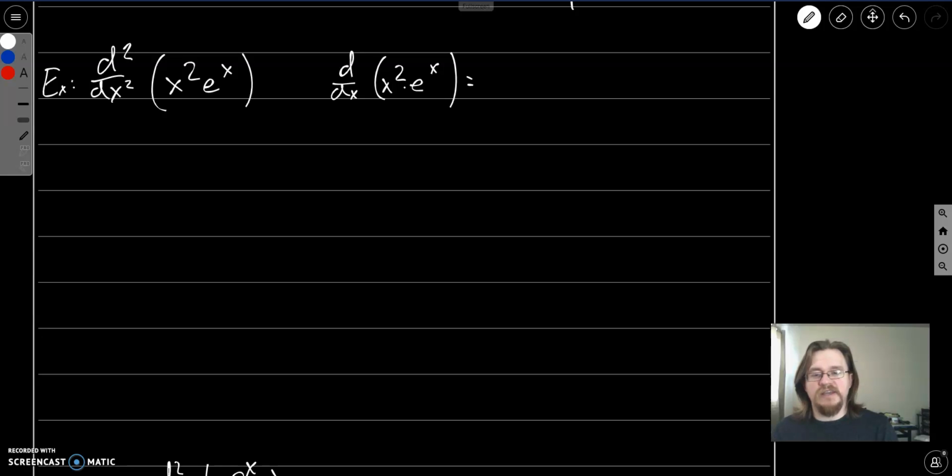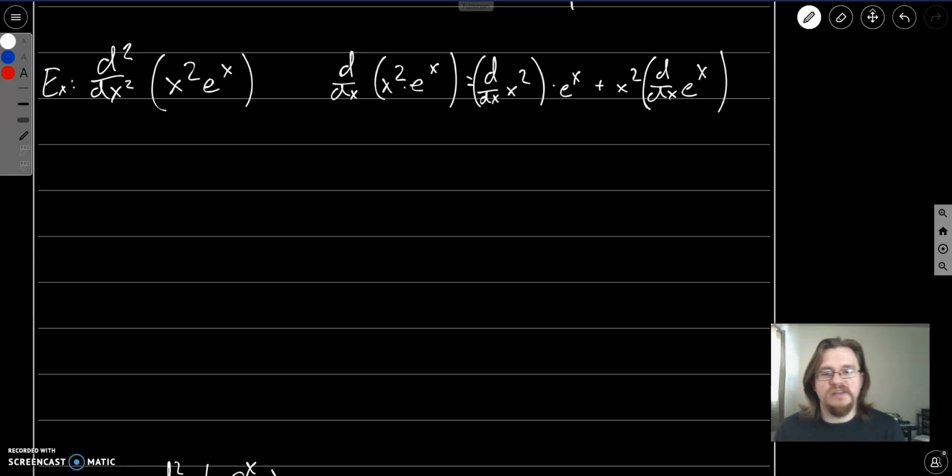So if I take the derivative of this, I'm going to take the derivative of x squared and take that times e to the x, and I'm going to add x squared times the derivative of e to the x. So I'll take the derivative of one times the other plus the derivative of the other one times the first.